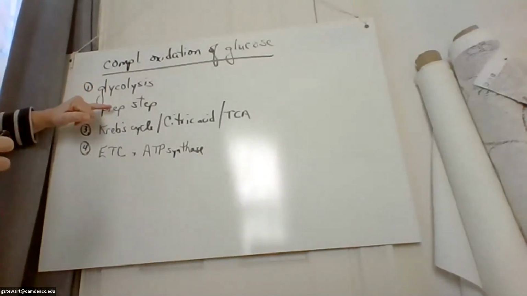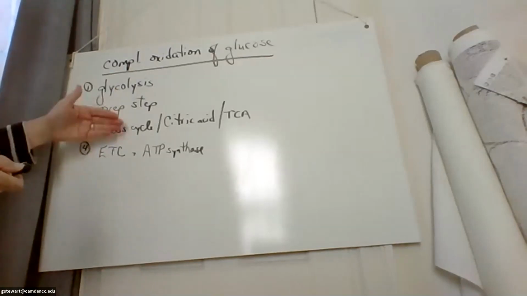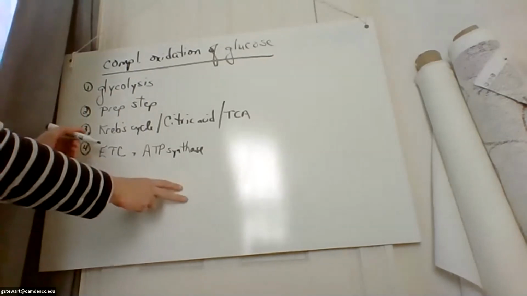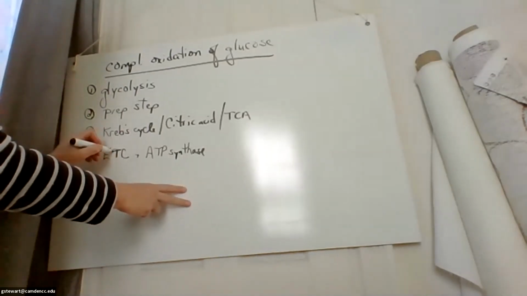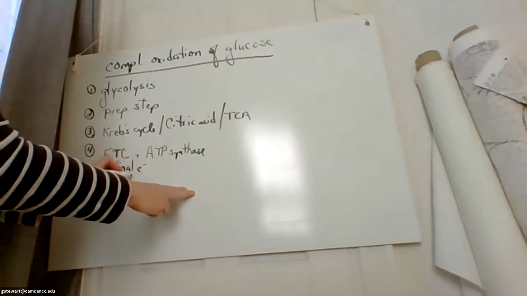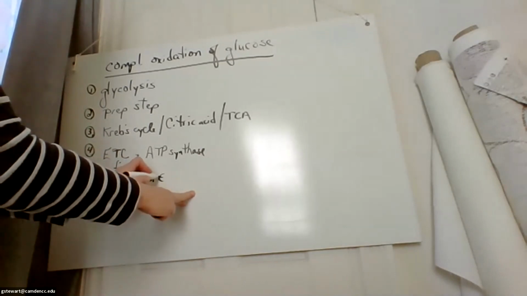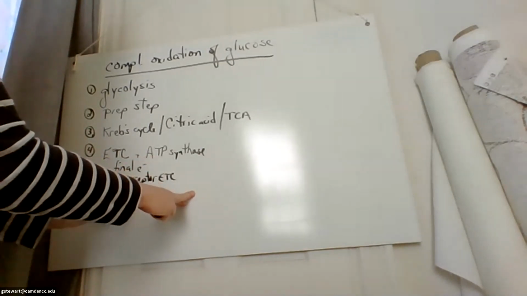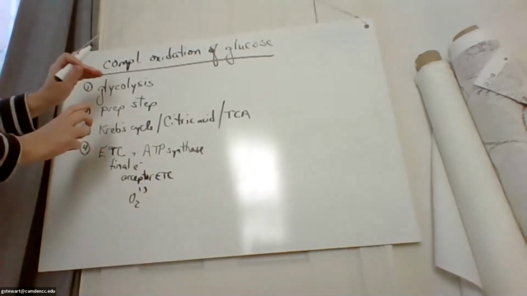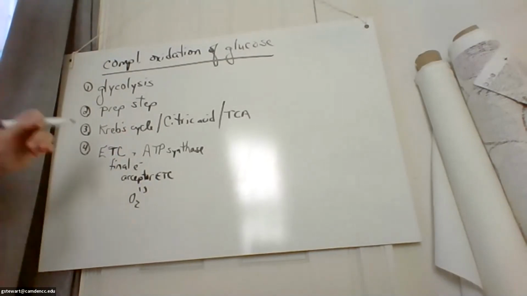Glycolysis, the prep step, and the Krebs cycle can all happen without the presence of oxygen. If we use the electron transport chain, and if the final electron acceptor on the electron transport chain is oxygen, and only then do we call this aerobic respiration, because we used oxygen.